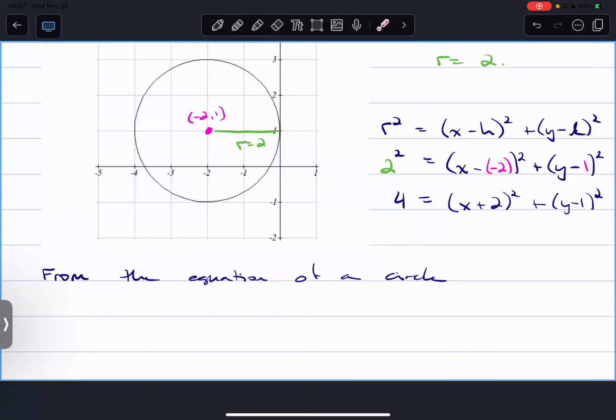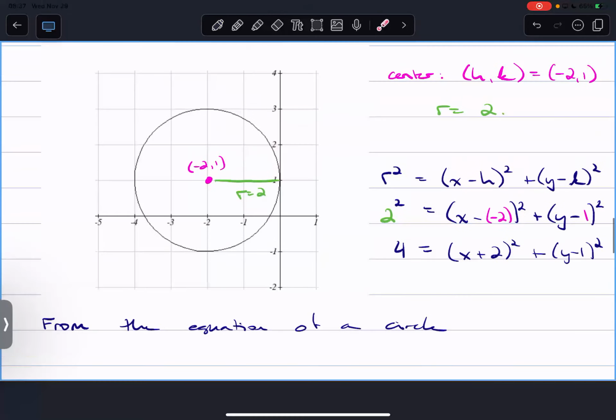We can find points on the circle as long as we have one of the x's or the y's, and then we can solve for the other. For example, if you wanted to figure out what this point was, let's imagine that scenario.